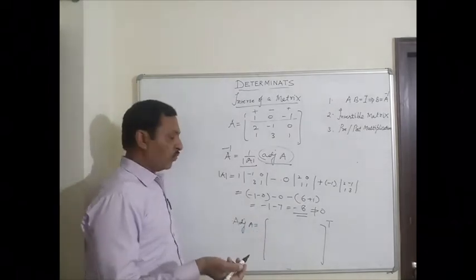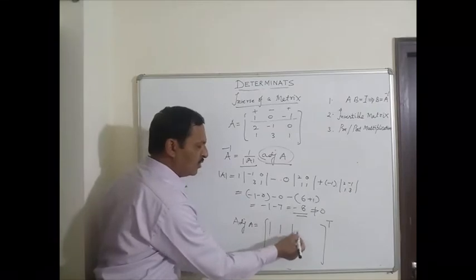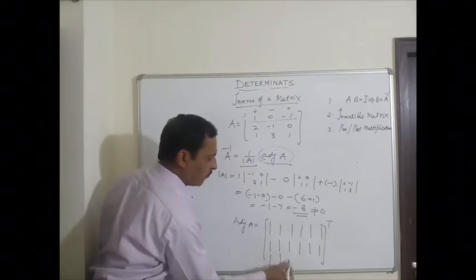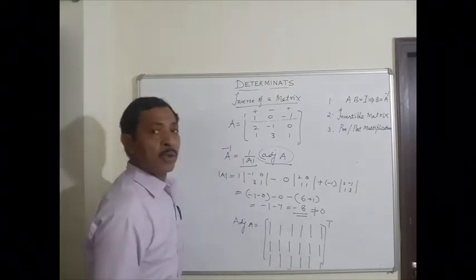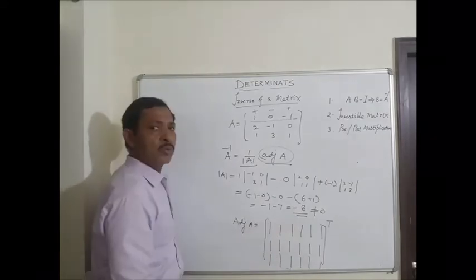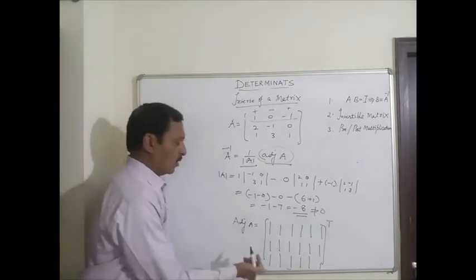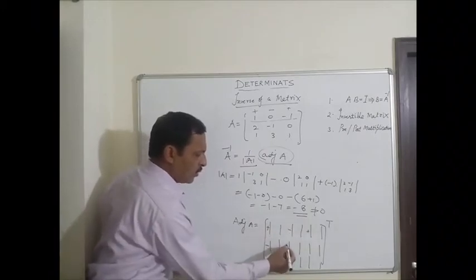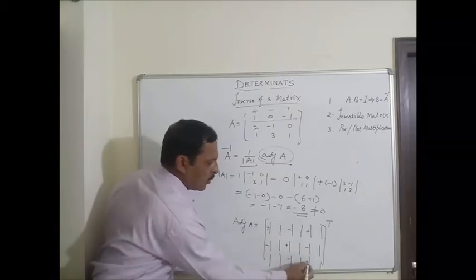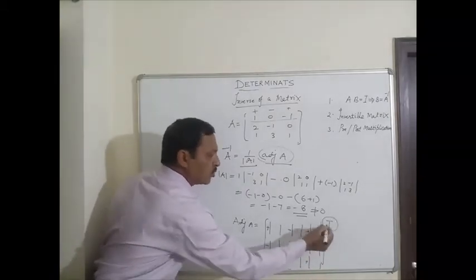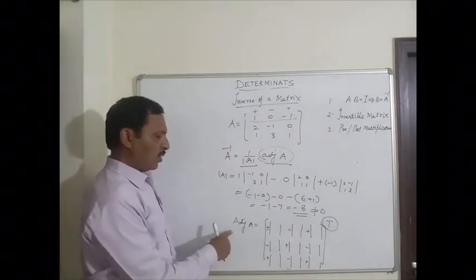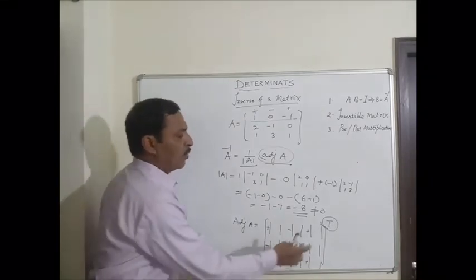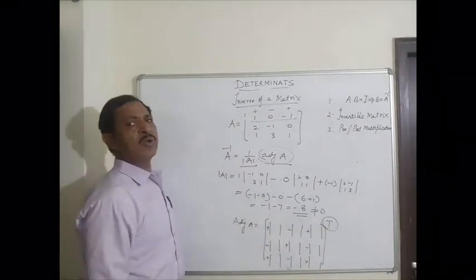For finding the cofactors, I should put the plus minus signs also, which is a must condition. And put a sign of transpose also, because many times a student finds all the 9 cofactors correctly, but forgets to put the sign of transpose and the whole calculation goes wrong there.